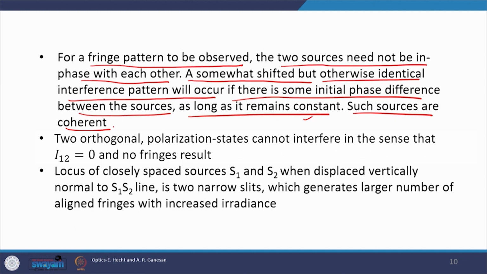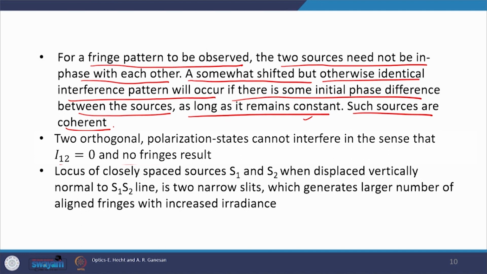The next point which we observed is that two orthogonal polarization states cannot interfere, in the sense that I12 is equal to 0 and no fringes result. During our analysis we saw that if we let cross polarized waves, or waves which are orthogonally polarized, interfere, then the interference term is equal to 0.